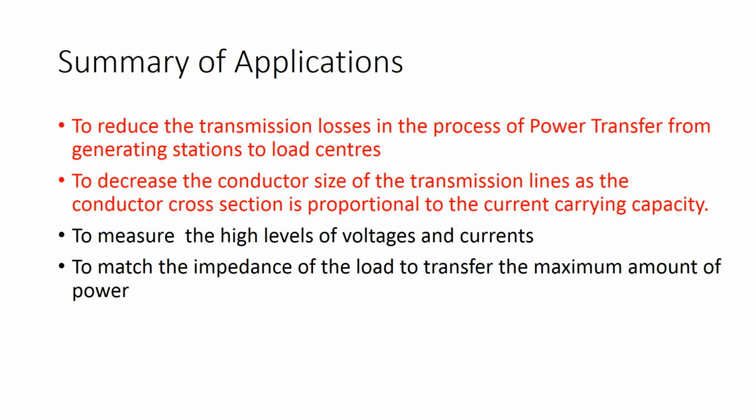We all know the maximum power transfer theorem: if the source impedance is exactly equal to the load impedance, maximum power can be transferred from the source to the load. In this process, the transformer is used to match the resistance of the source with the load, so that the maximum amount of power can be transferred.